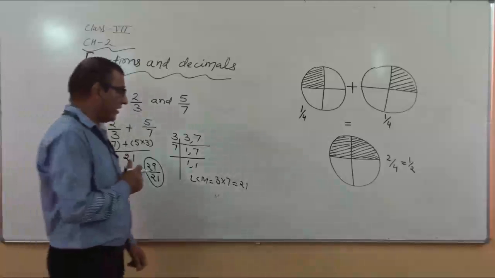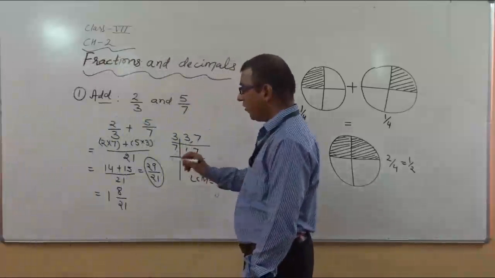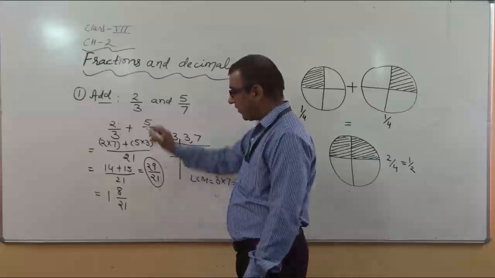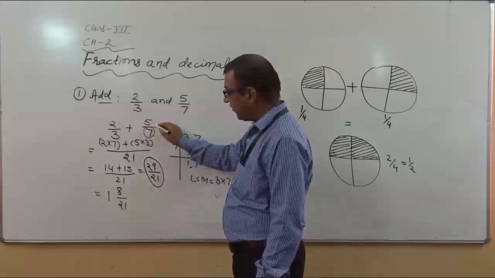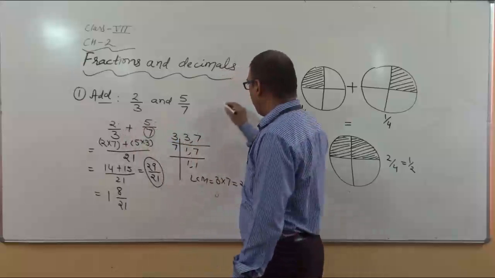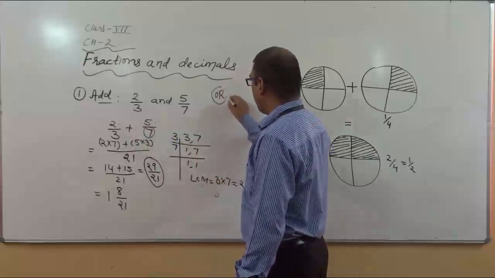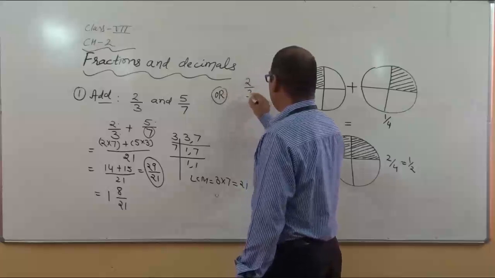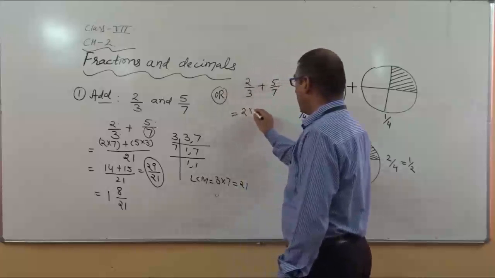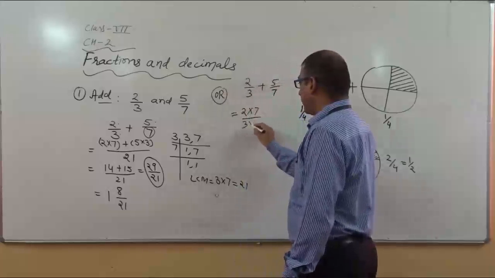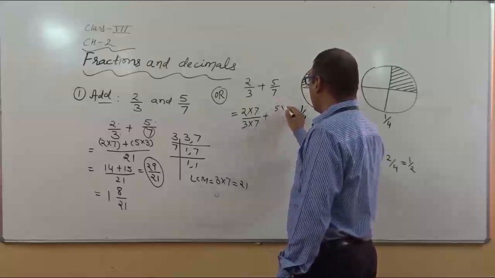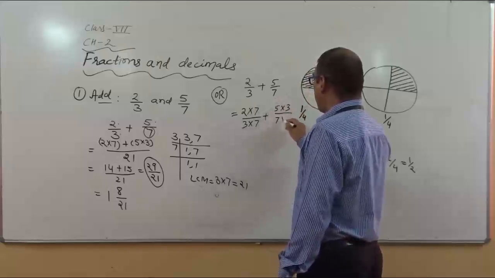One more method is there. If someone wants to do this question directly, how can you do it? You multiply numerator and denominator both by 7, because 7 is the denominator of the other fraction, and here you multiply both numerator and denominator by 3. So 2 into 7, 3 into 7, and 5 multiplied by 3 and 7 multiplied by 3.